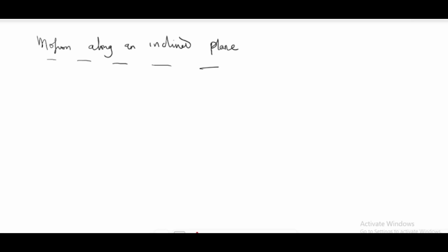I think I've explained what an inclined plane is. The next thing is, how do we resolve forces on the plane? If you can resolve forces on the plane and solve WAEC standard questions on this topic, I think you are good to go. So now let's go.